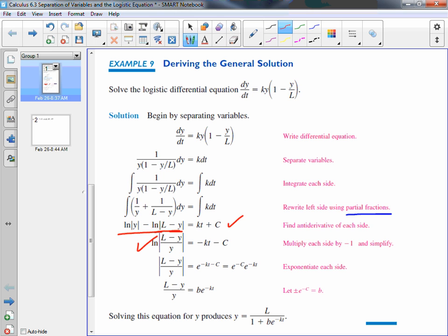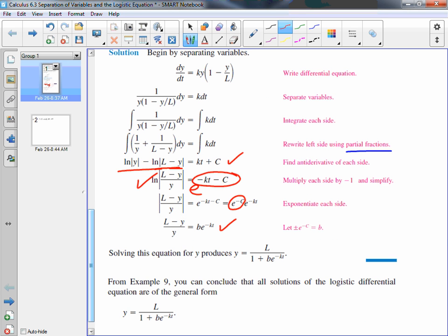Then they exponentiated both sides. And then once you exponentiate both sides, once you have e to those two things, you do what we've been doing, right? Make it e to the -kt times e to the -C, and e to the -C will in fact be a constant. They called it B. Didn't see that coming, did you? Call it B.